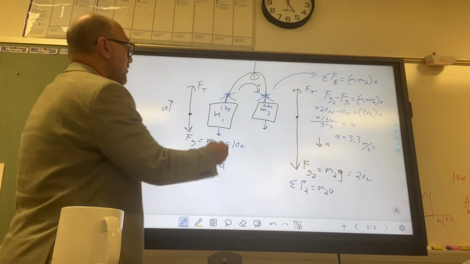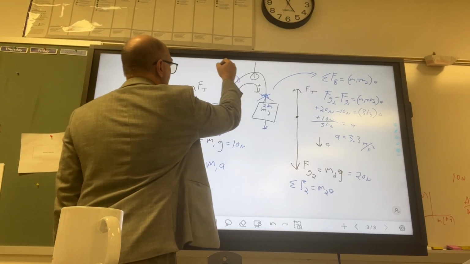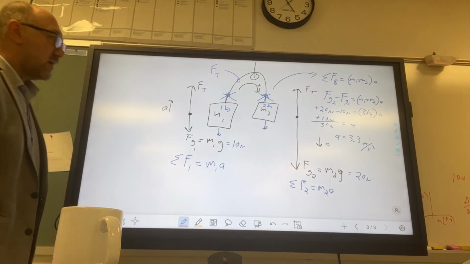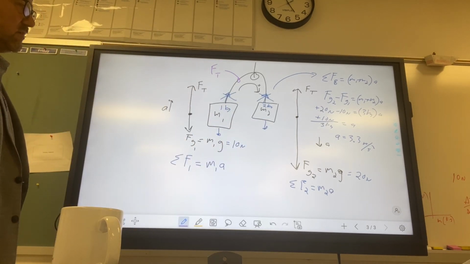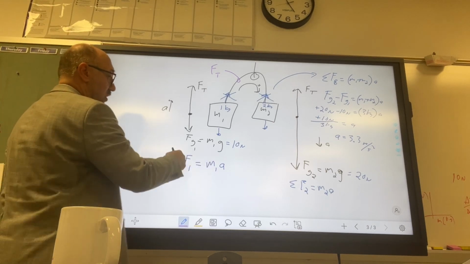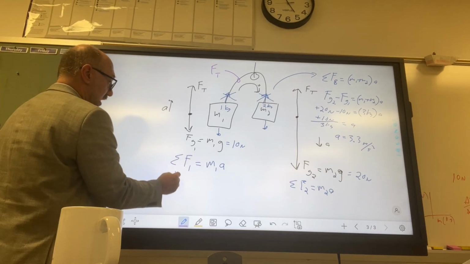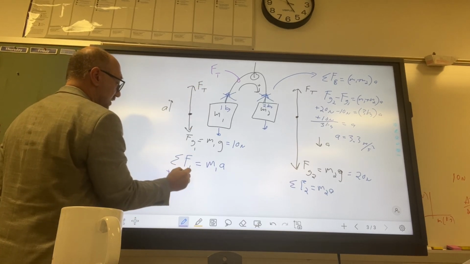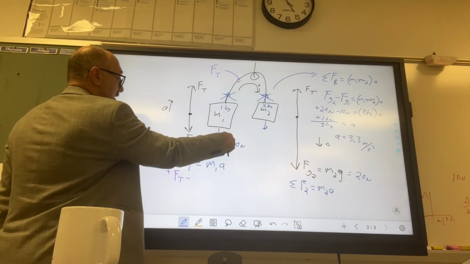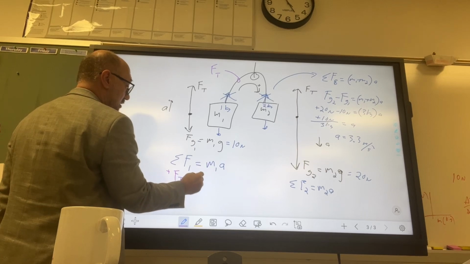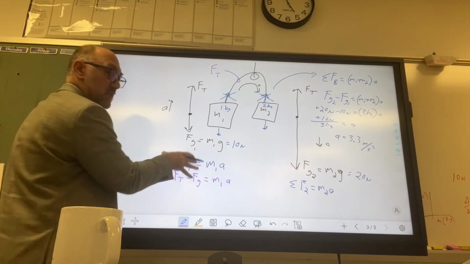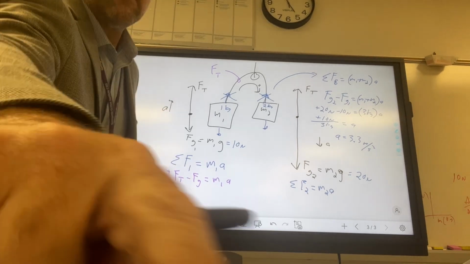And then the other question usually is, well, what is the tension? Find the force of tension. And we can use either block to find the tension. Let's say we use block 1 to find the tension. For him, I have the force of tension positive minus his gravity equals M1A. So I'm going to look at just him, right?